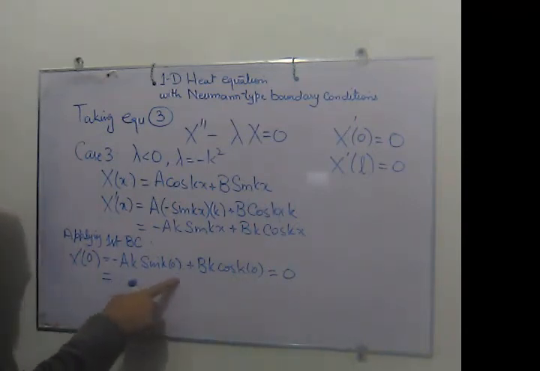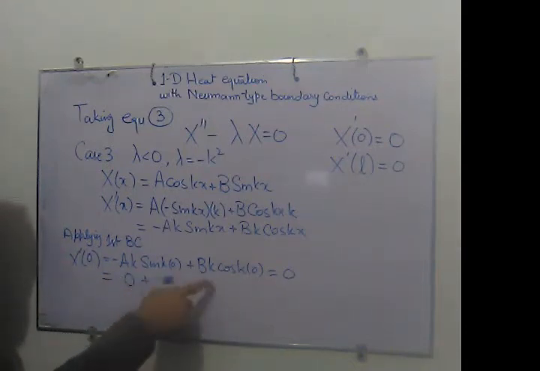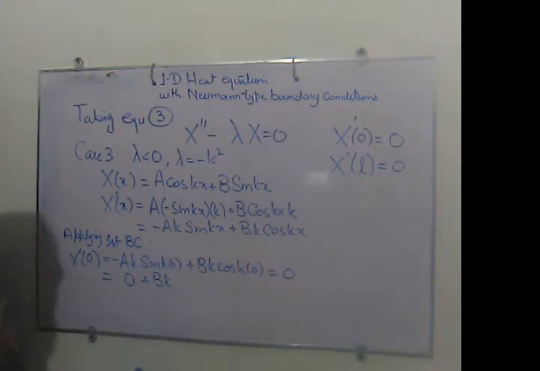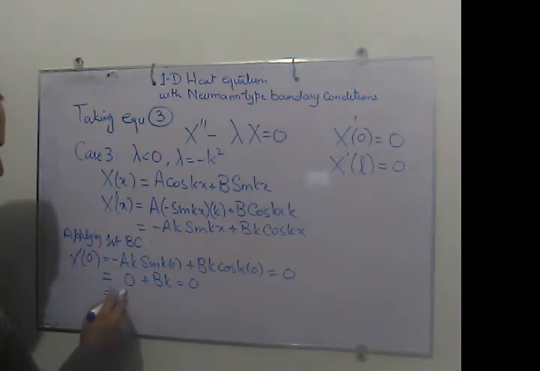So we see that due to this sine 0, this whole portion would become 0, plus b k cos 0 is 1, so it will become 0, and this implies that b is equal to 0.